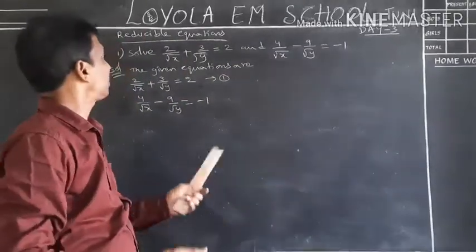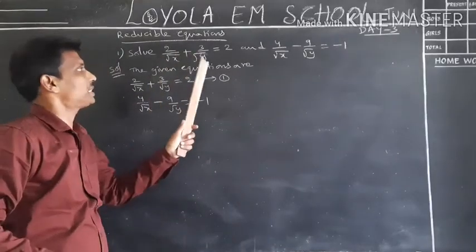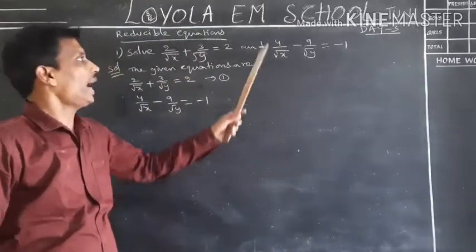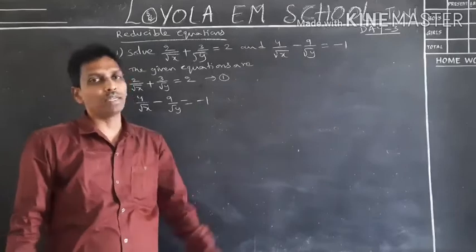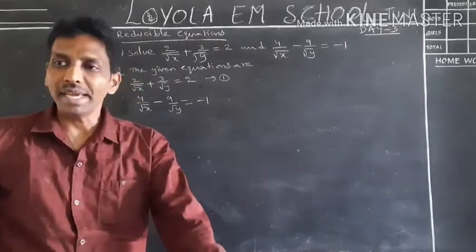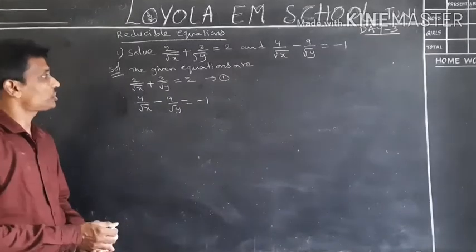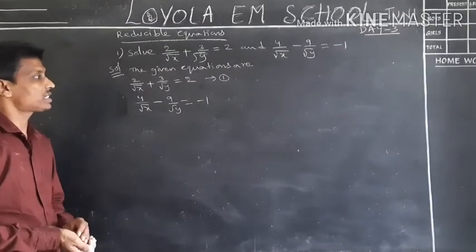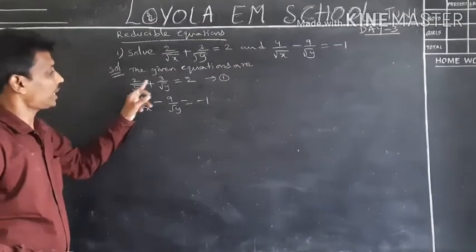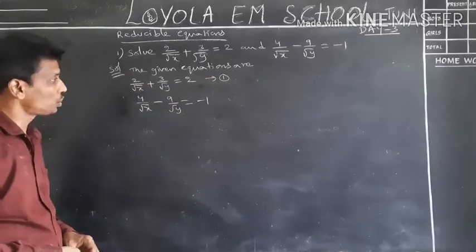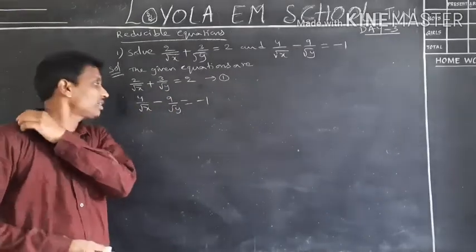Let us see the first equation. Solve 2 by root x plus 3 by root y is equal to 2 and 4 by root x minus 9 by root y is equal to minus 1. The given equations are: 2 by root x plus 3 by root y is equal to 2, that is the first equation.